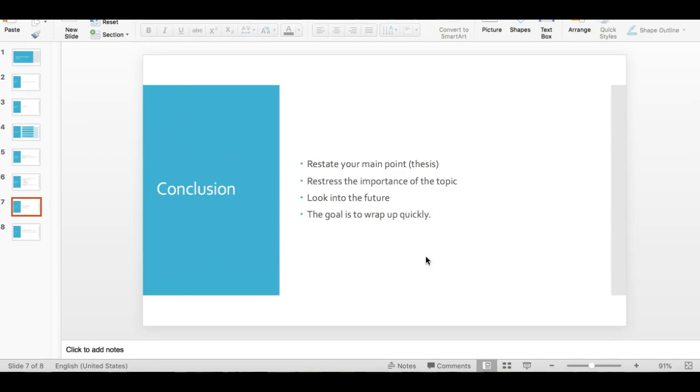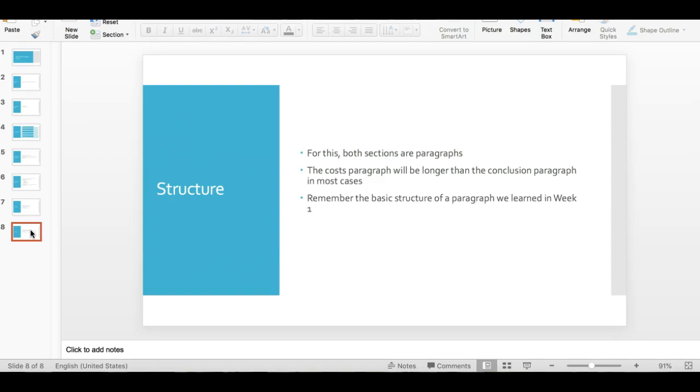Do we start creating generations who are emotionally aware and emotionally healthy? What does that look like? And the goal of this conclusion is to wrap up quickly, much unlike this video, which is already 9 minutes and really long. So let's look at the structure.